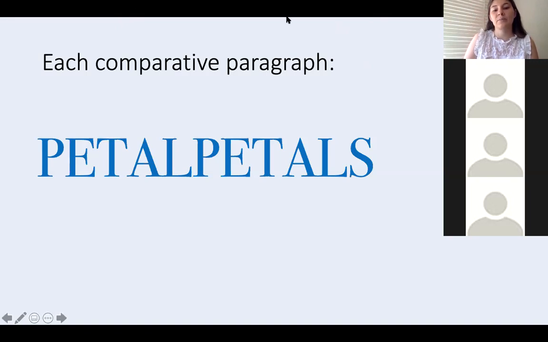But petal petals is something that you can also manipulate once you get the hang of it. That means that you could switch the order. You could put the T before the A or the A before the T, depending on how you want to work it. But first, in order to get the hang of it, follow that structure exactly, because it will help.